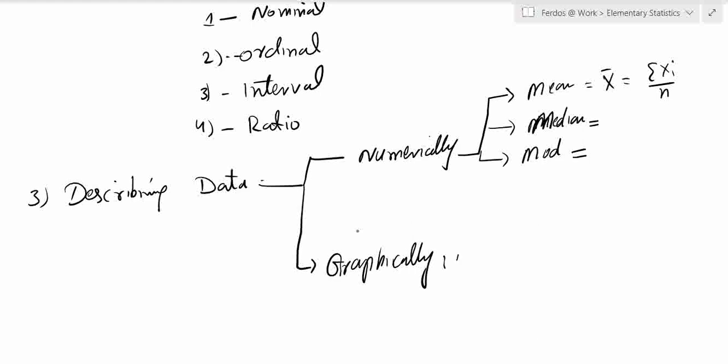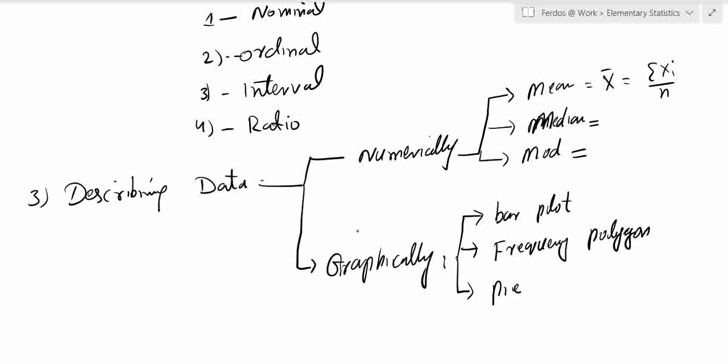Graphically, you can explain data by bar plot. There are a lot of types: frequency table, frequency polygon, pie chart or pie graph, and many others.